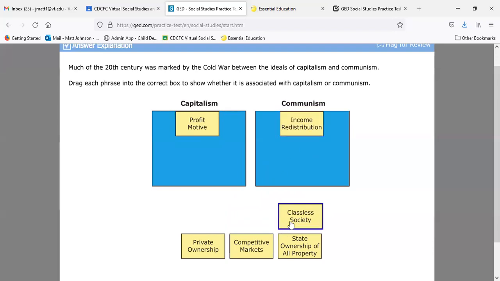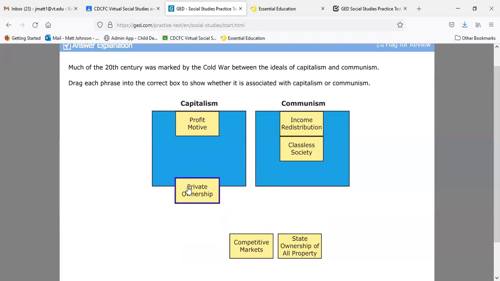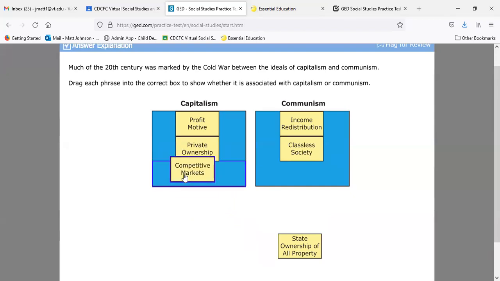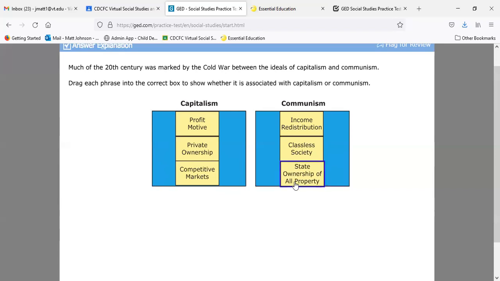Classless society. That's communism. Private ownership. Capitalism. Competitive markets. Capitalism. State ownership of all property. Communism. So this is really good sort of graphic to sort of explain some of those ideas, right?